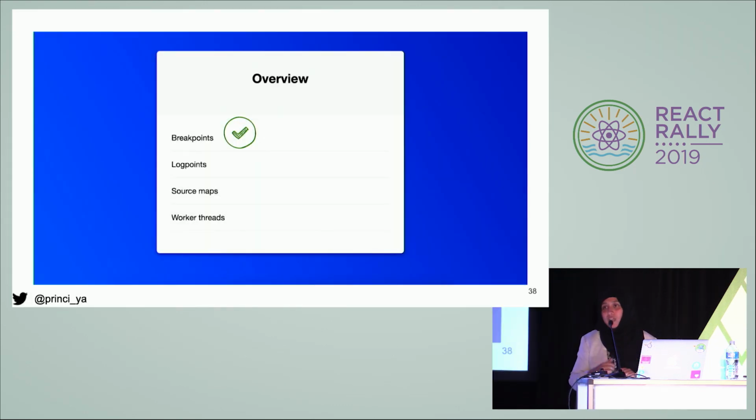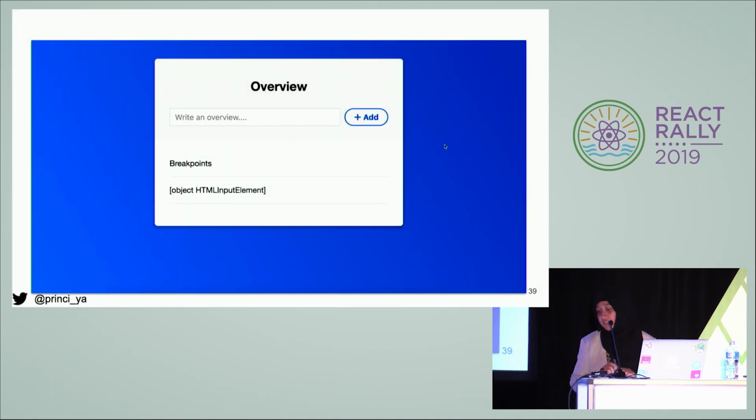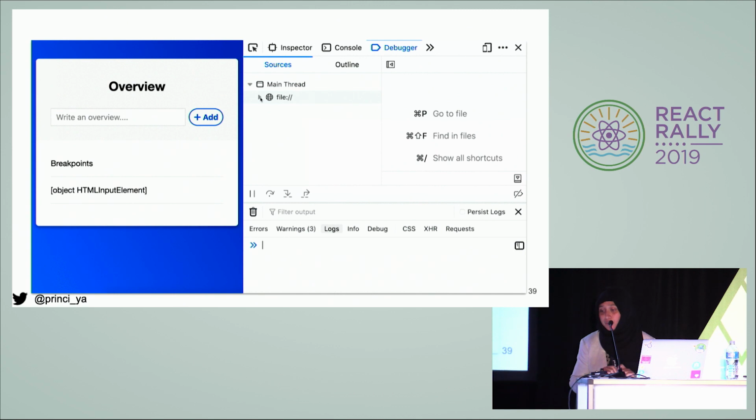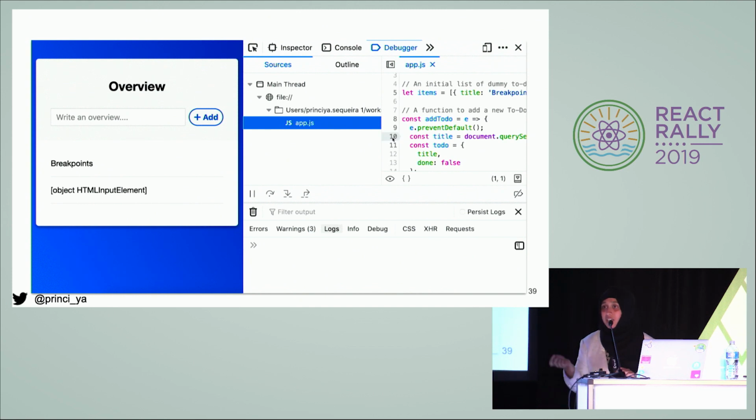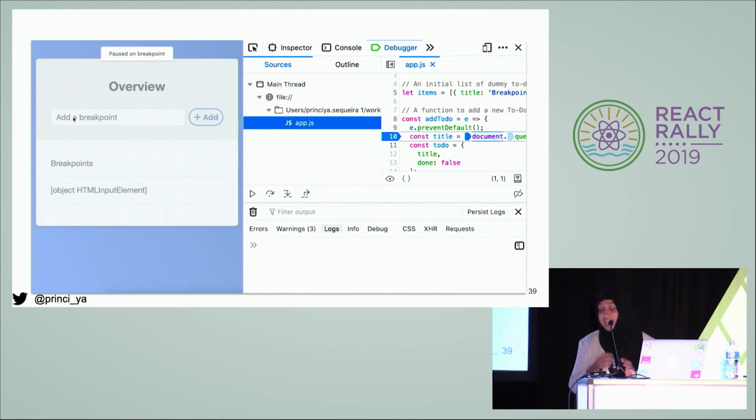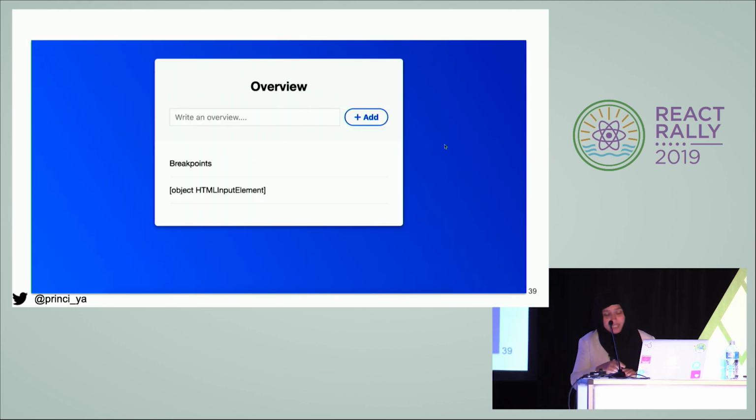But now let's see what the experience is like when using breakpoints. In the same application, I've entered a wrong value, open the DevTools, pull up the debugger, look into the exact source file, and at the exact place where I added the console log in the editor, I'll try to add a breakpoint on line number 10. I refresh the page, add a value, and it pauses because there is a breakpoint.